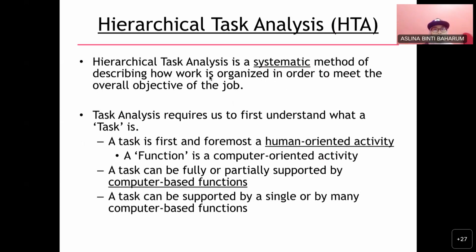HTA is a systematic method of describing how work is organized in order to meet the overall objective of the job. Task analysis requires us to first understand what a task is. Okay, now, actually task analysis is the last one from the earlier participant analysis. Remember the methods just now?